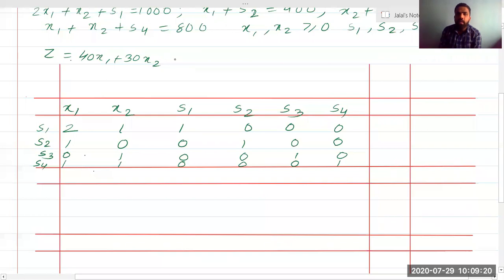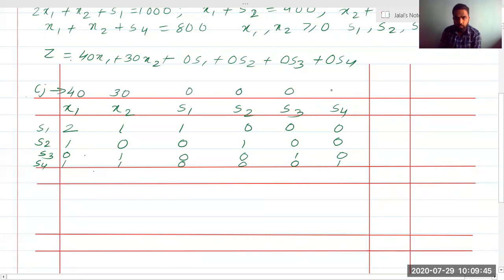Since slack will not add any value to the z, it will be 0s1 plus 0s2 plus 0s3 plus 0s4. So we can write Cj. What is the value of Cj? Cj are the coefficients of z: 40, 30, 0, 0, 0, 0.